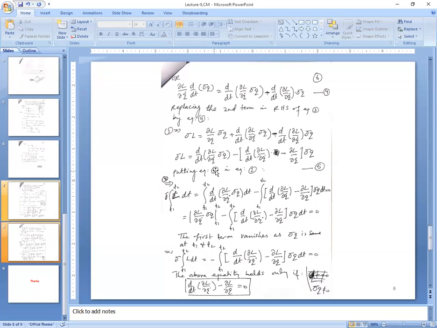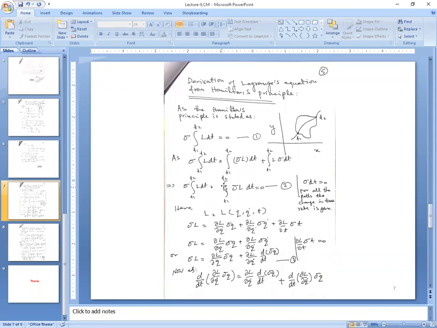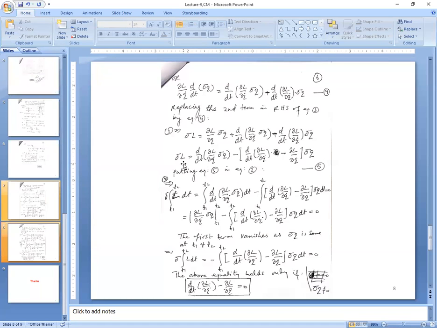Now, putting equation number 5 in equation number 2 for delta L, which is basically the Hamilton principle, we have two terms, and the first term will become 0 as delta q is the same at T1 and T2.